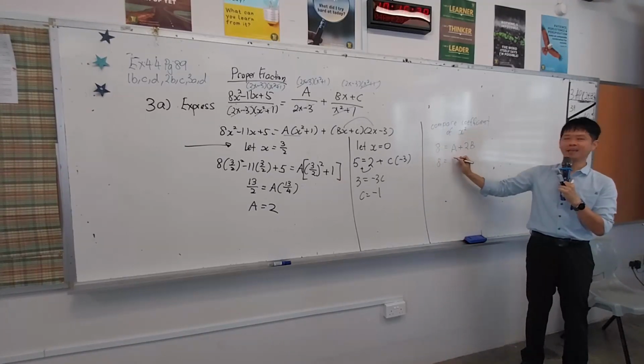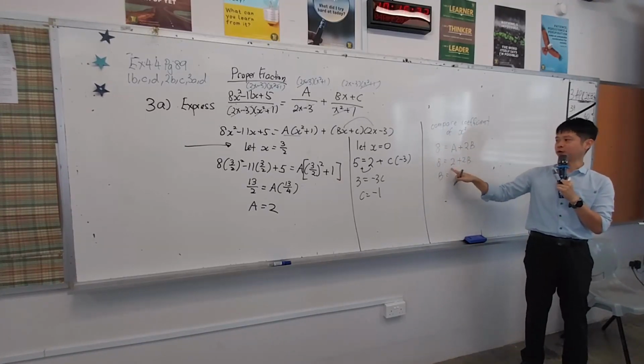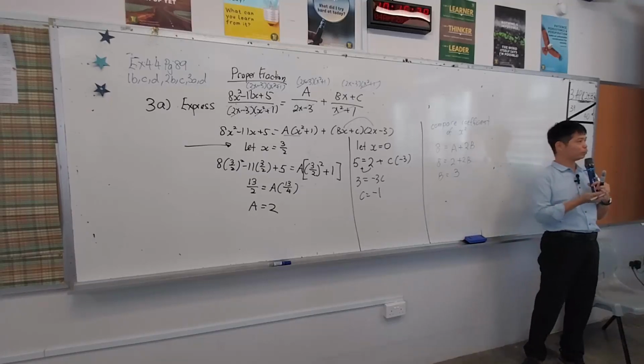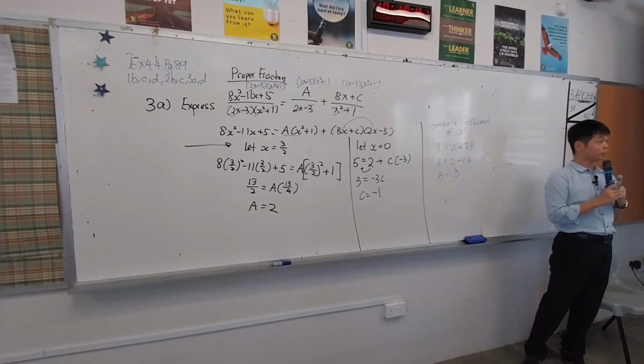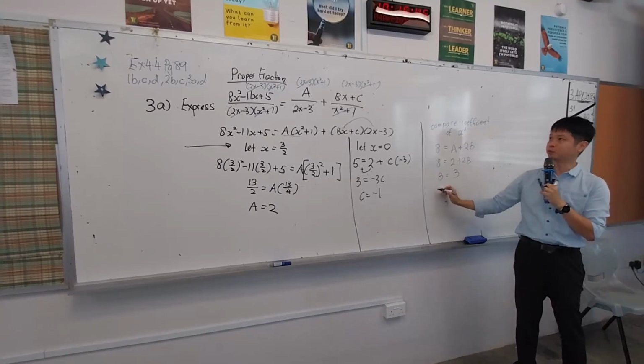So yes, you can do that. A is 2 and B is therefore equals to 8 minus 2 over 2. So B is 3. So we are done. Faster, right? Compare coefficient is a very good method to speed up the process.